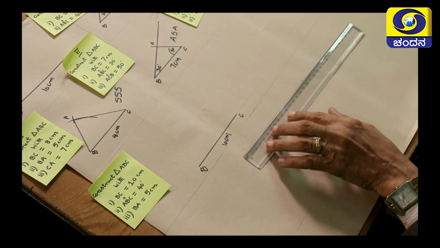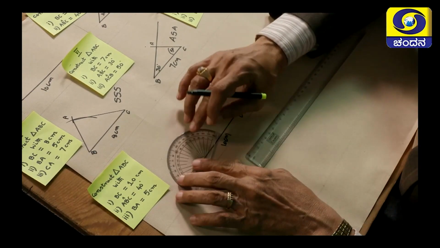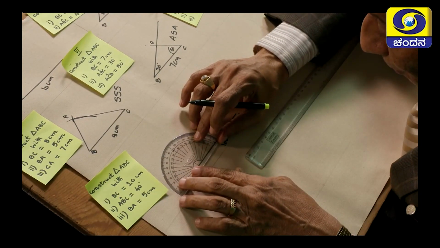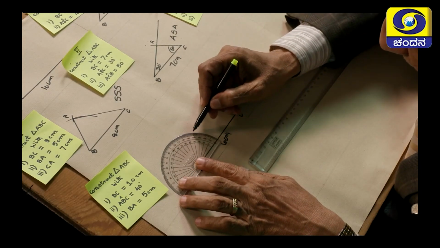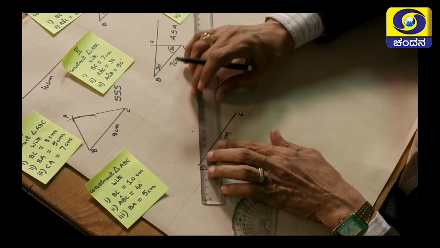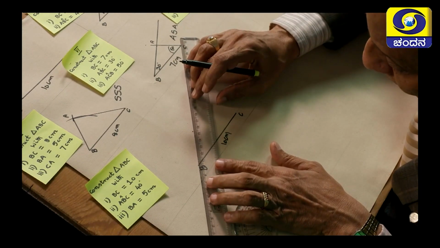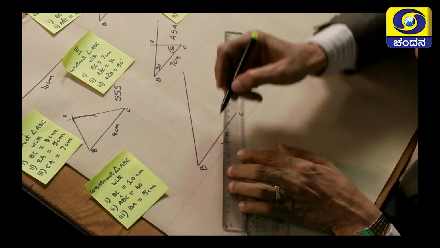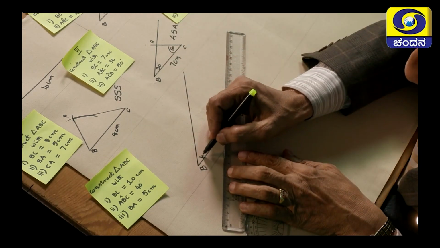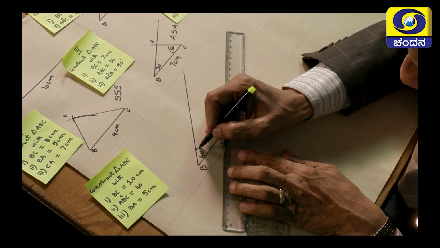Now, angle ABC is given as 40 degrees. So here it is 40. Join these 2 points. So this angle is 40 degrees.